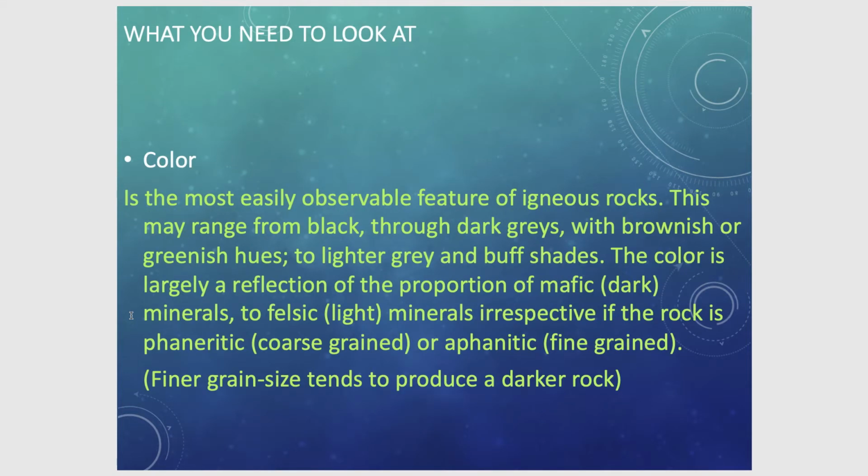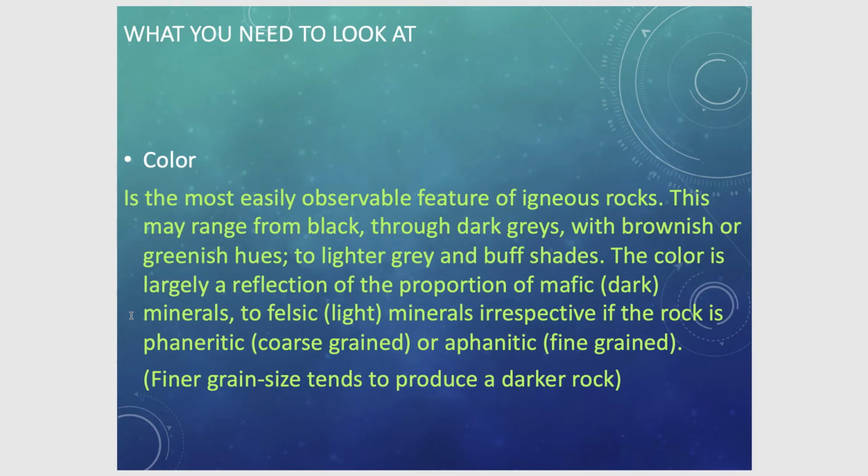Another important aspect that you will discuss with me is the color. So color is certainly one of the most easily observable features. It is quite useful when we are discussing the composition of the rock.